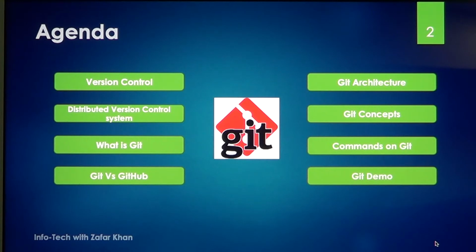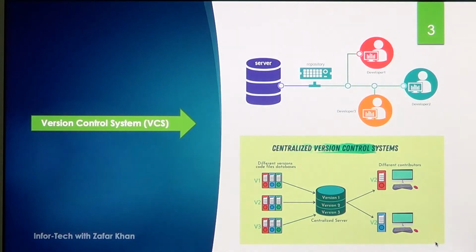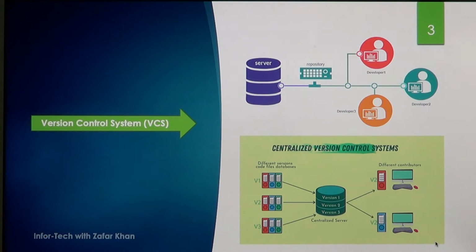Okay, so let's start from version control system. Now what is a version control system? It is also known as source control. It is the practice of tracking and managing changes to software code. It keeps track of every modification of the code. So version control systems are software tools that help software development teams to manage changes to source code.